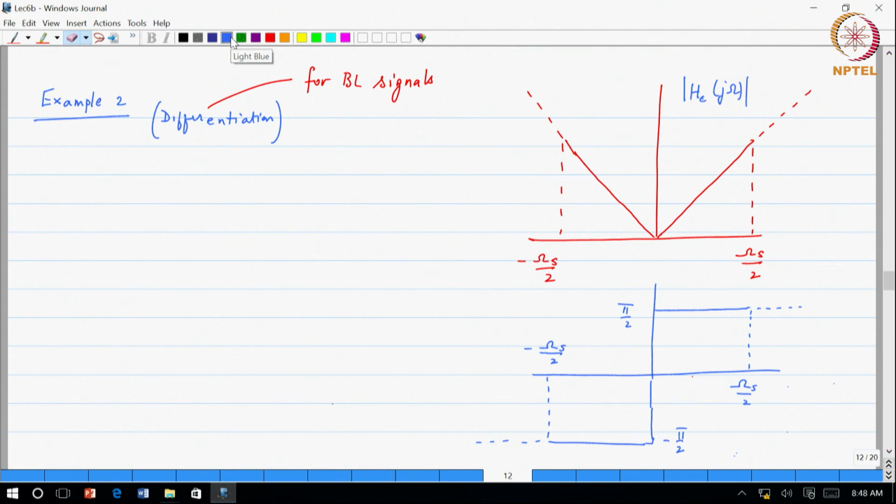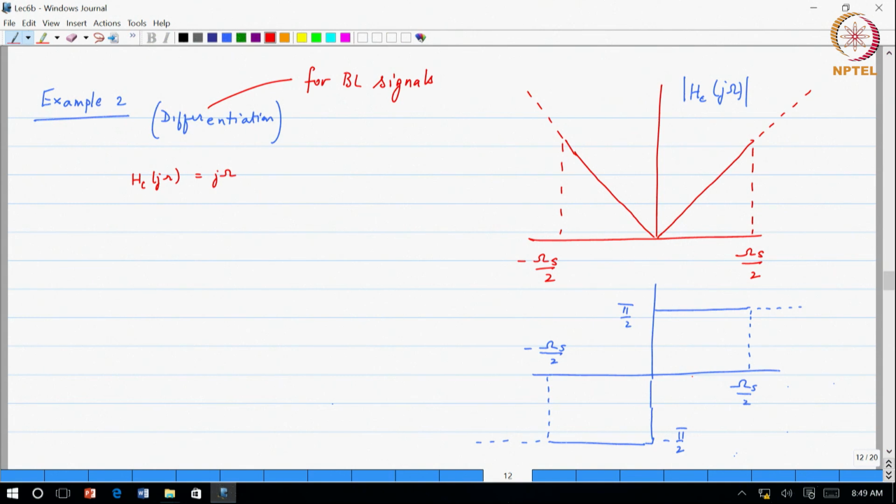The ideal differentiator, if you recall, has the following response: Hc of j omega equal to j times omega. So, basically it will be a line that goes at 45 degrees, that is the magnitude response, and the phase response will be plus pi by 2 for positive frequencies, minus pi by 2 for negative frequencies.